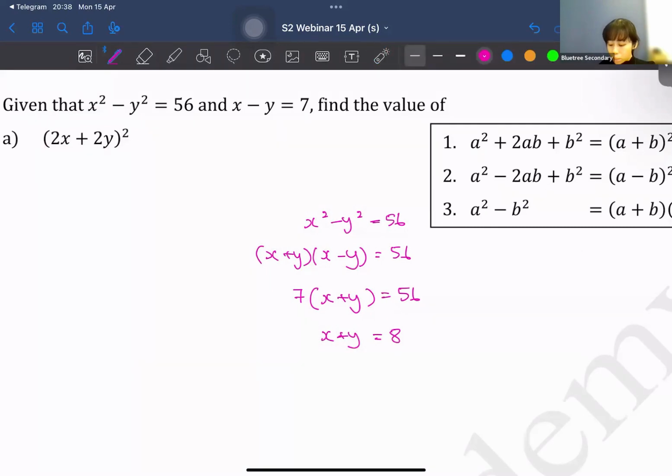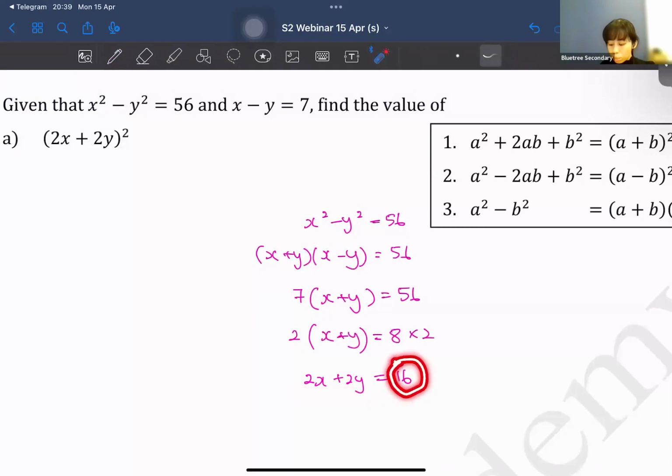What if I multiply both sides of the equation by 2? I expand this out, I will get 2x plus 2y. Right-hand side, 8 times 2 will just give me 16. Now I have the value of 2x plus 2y.